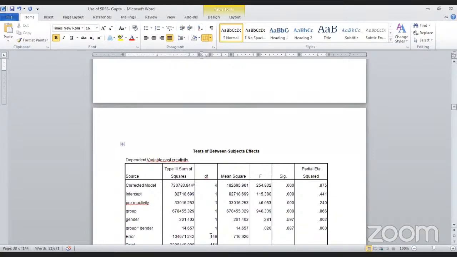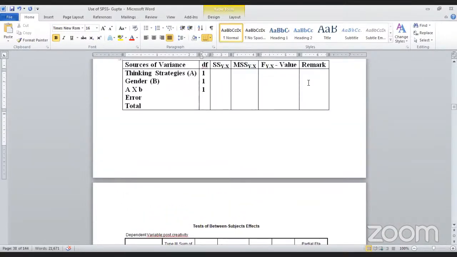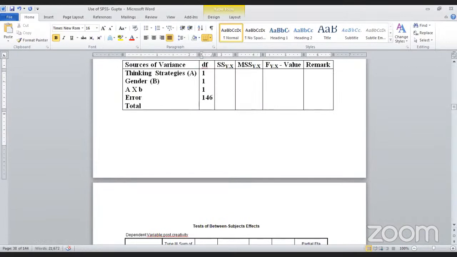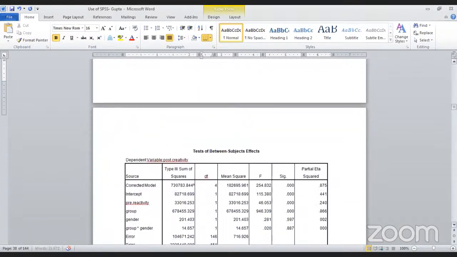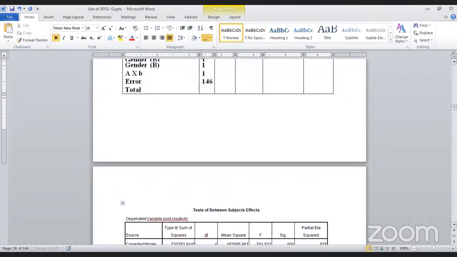And the error DF is like this. The DF here is 146. So I write 146. Then the DF for total is, this is corrected total you have to take. Because my total sample is 151, 151 minus 1 is 150. So it is 150.